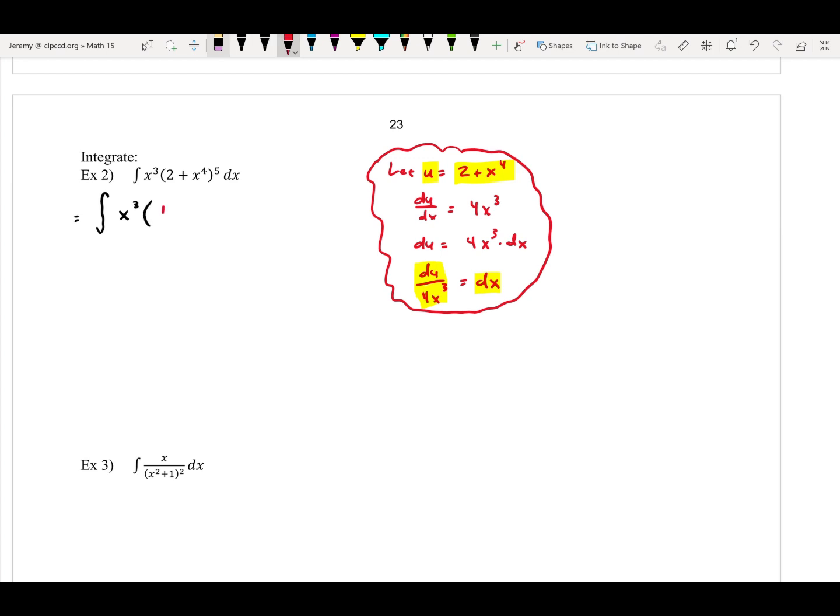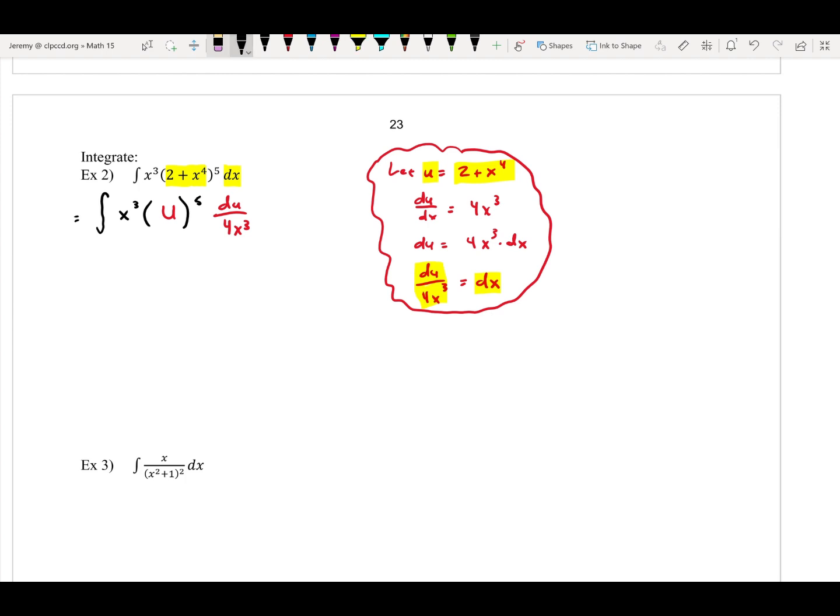I'm going to put in u for 2 plus x to the fourth. That was my plan. And in for dx, I'm going to put du over 4x cubed.